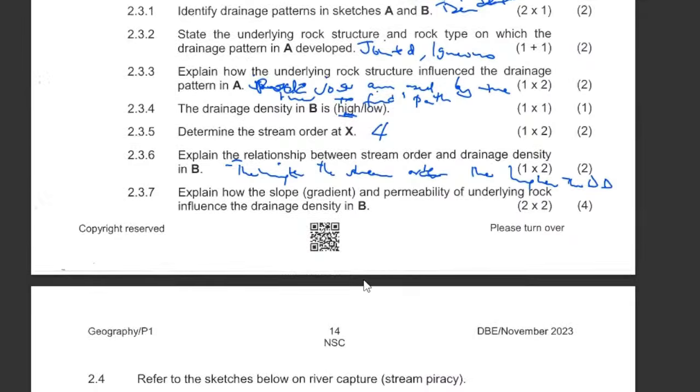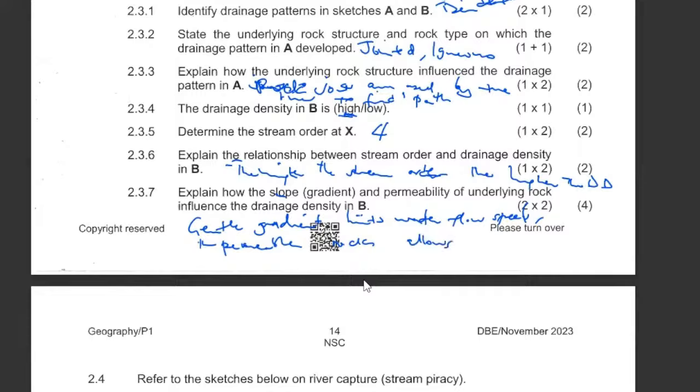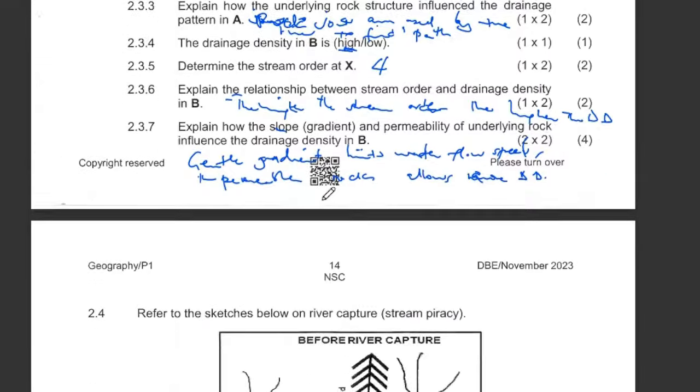Explain how the slope and the permeability of the underlying rock influence drainage density at B. A gentle gradient limits water flow speed, allowing many streams to exist on the surface of the earth, and impermeable rocks also allow more water, so more drainage density exists on the surface.